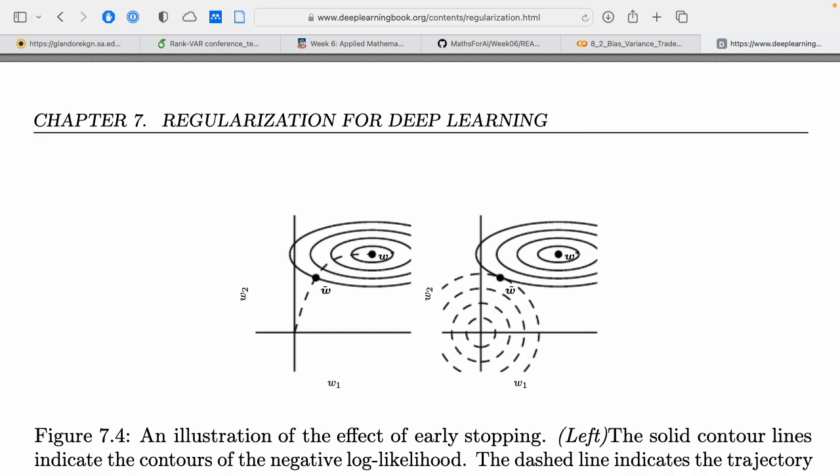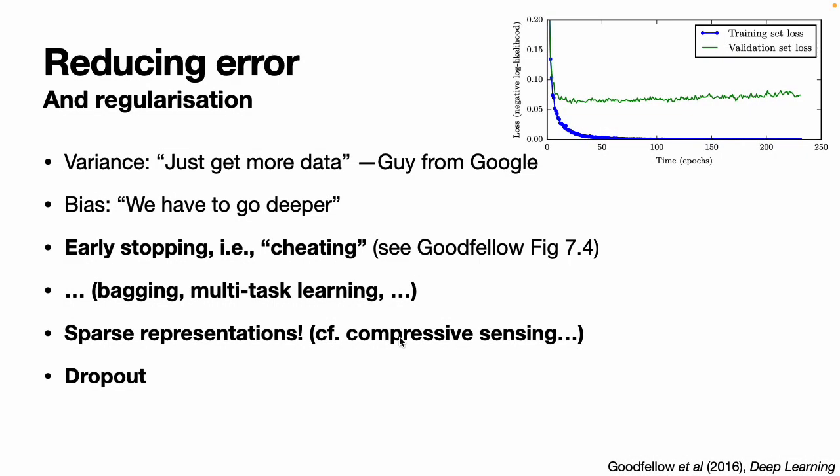That creates the effect of you being on some hypothetical level curve of another cost function that's penalising having non-zero parameters. So early stopping achieves the effect of an explicit regularising term. That's the cool thing about it. You don't really know what this is. You've given away being able to prove anything, you've given away having mathematics on this, but the effect is kind of the same. So that's nice, early stopping.